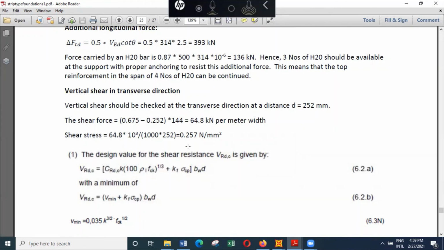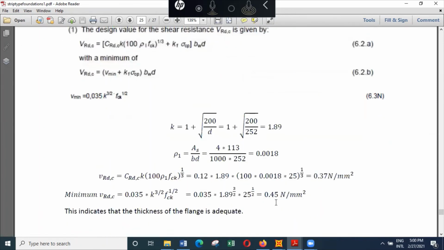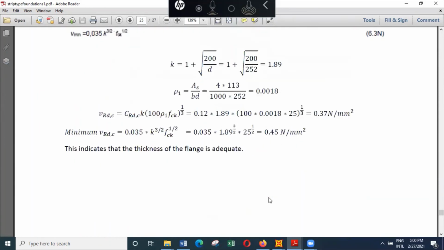And then divided by 1000, divided by 252, you get 0.24. I have got 0.257. So basically it's in that range. And the important thing you have to notice is it's not going to fail, because the shear carrying capacity is about 0.45 in this particular area. So thickness of the flange is adequate because we have selected the thickness of 300 millimeters.